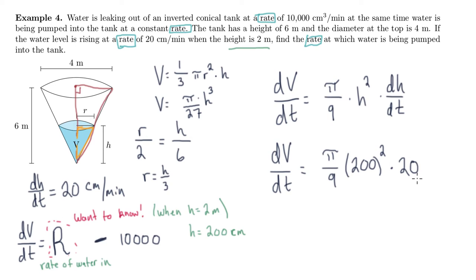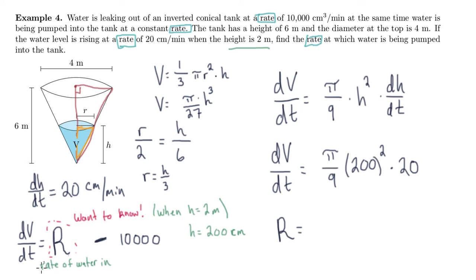Okay, everything looks good. And this is our final answer. Now, that's the final answer for dV/dt. So what we're actually looking for is this factor R, which is the rate of water in.